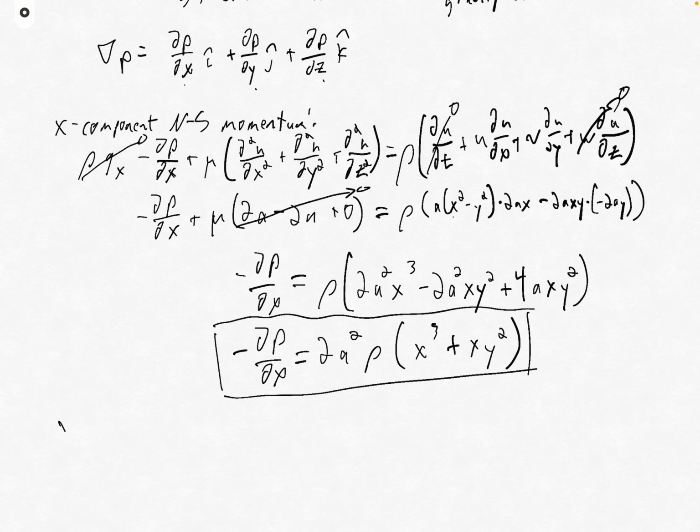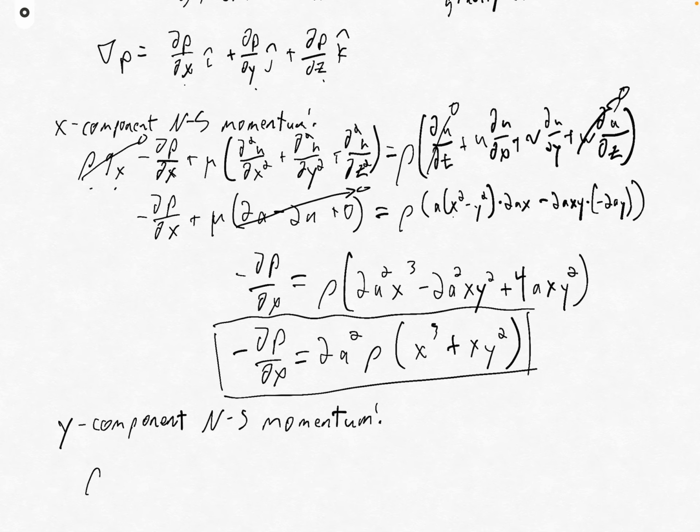So now we're going to look at the y components of Navier-Stokes momentum. And we're similarly going to see that the gravitational piece of this is going to be 0.